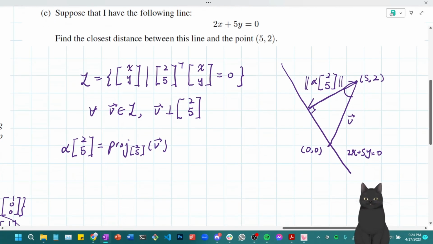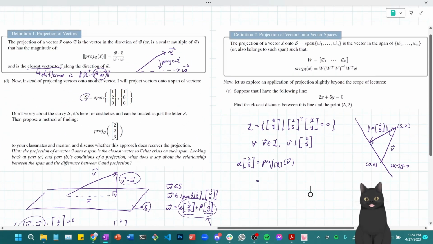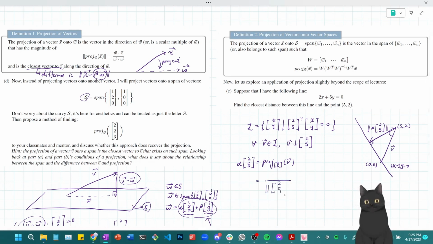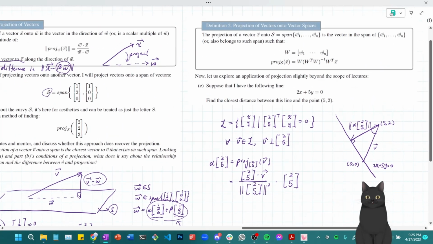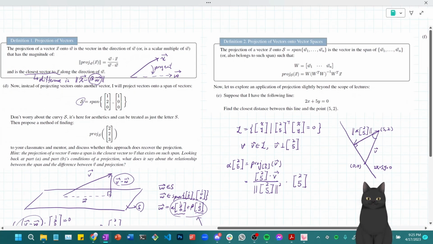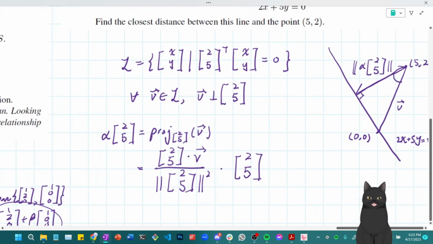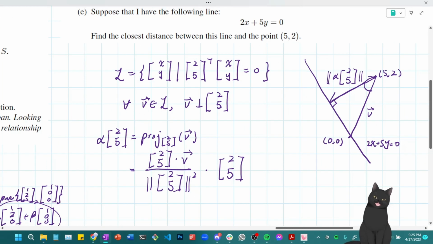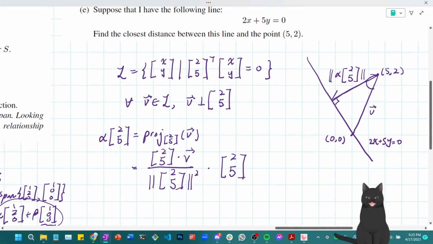And I already know that the projection of v onto (2, 5) is, according to our previous formula, supposed to be equal to one over the square of the length of (2, 5), times the dot product of (2, 5) and v, and I multiply it by the vector (2, 5). Such that I can find the projection of it.